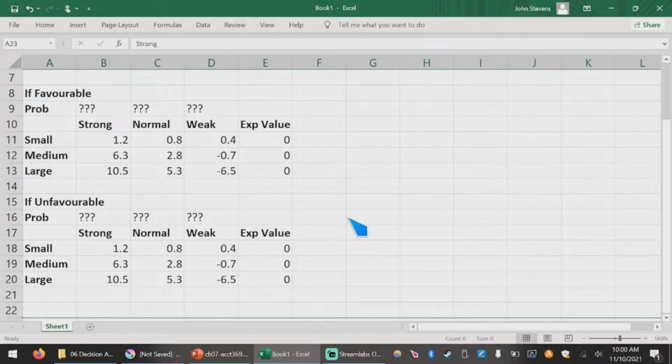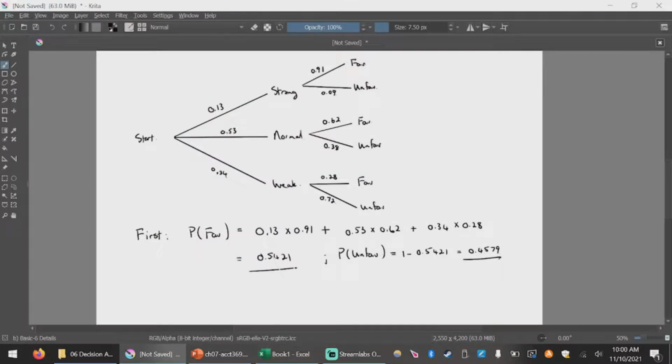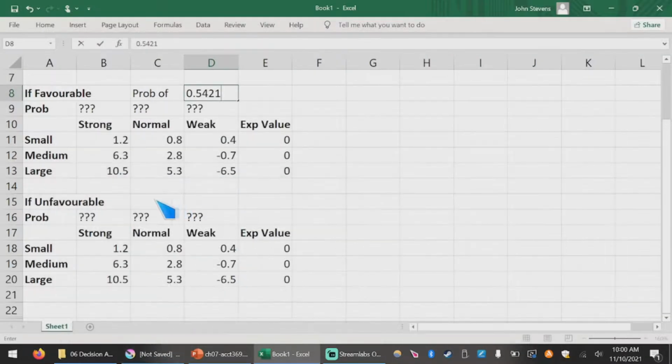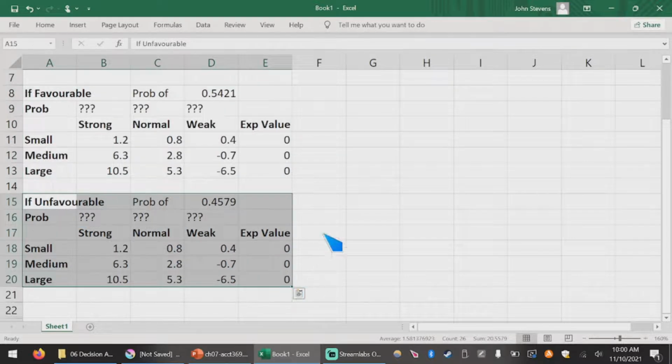If I look at my situation, favorable is now going to have a probability of, what did we just say? 0.5421. And unfavorable will have a probability of 1 minus that. Check that I'm correct. So I'm going to have these two situations with different likelihood.